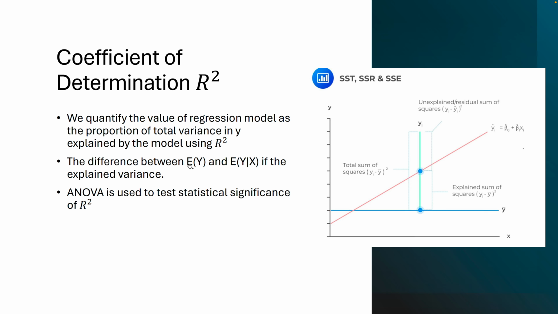So the difference between the expected value of y and the expected value of y conditional on x is the explained variance. We use ANOVA to test the statistical significance of r square. That tells us how good our model is, or what percentage of variance in y can be explained using the intelligence embedded in x.